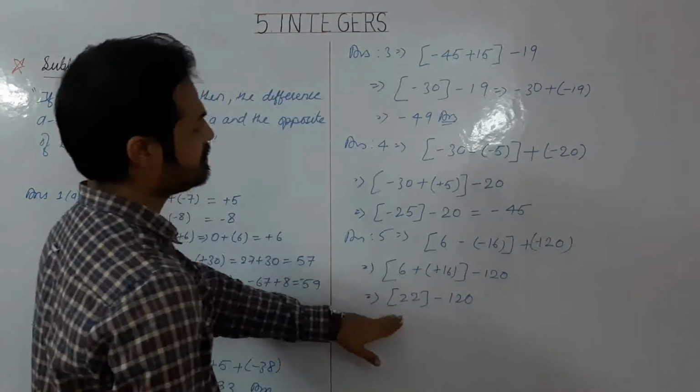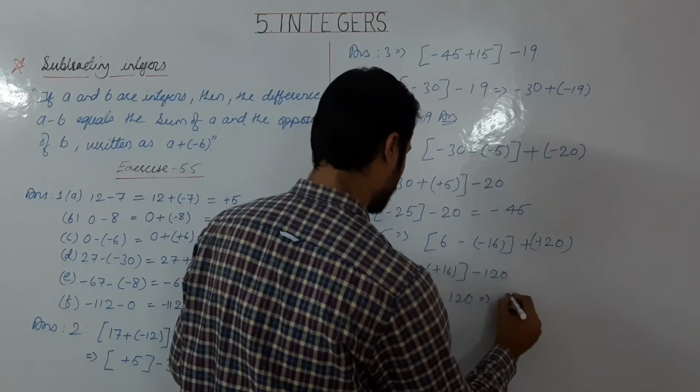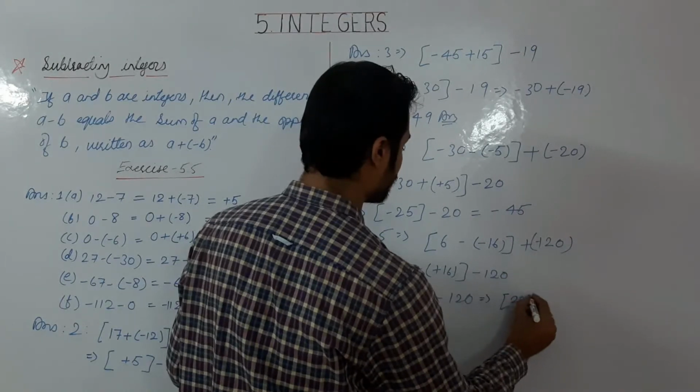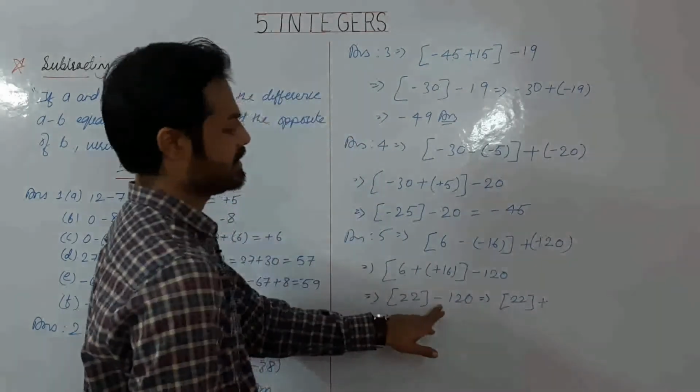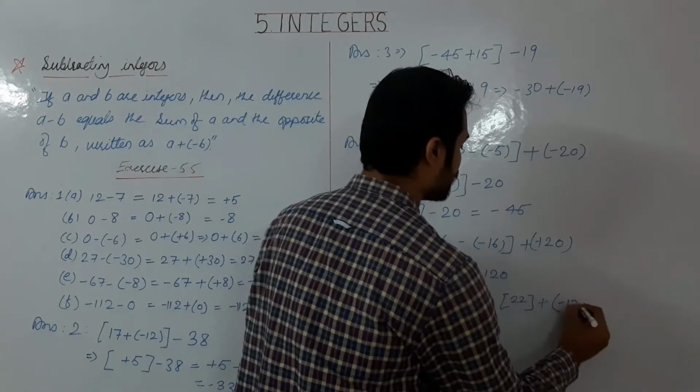Now in this problem we are going to use this property, so minus 120. So for minus 120, what to do? Please write plus before this number and the opposite of 120, minus 120.